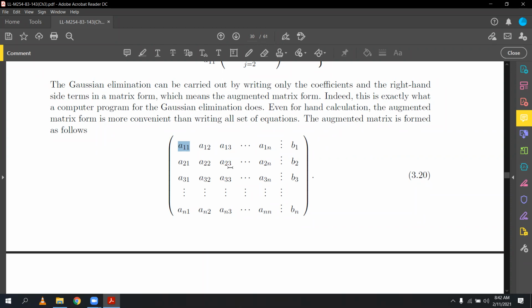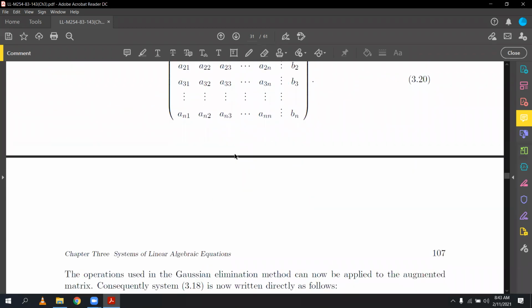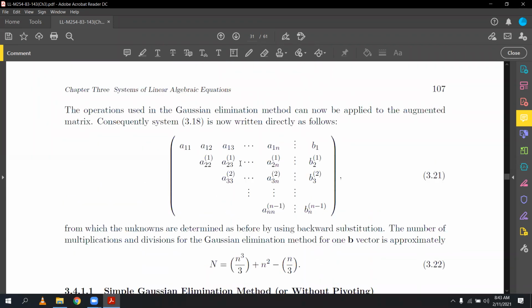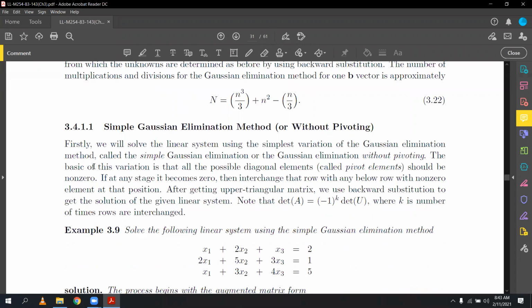Right? And this is called the simple Gauss elimination method, or without pivoting. The basic idea is that all the diagonal elements should be non-zero. If at any stage it becomes 0, then you have to interchange that row with any row below. Any row below. That is the thing.